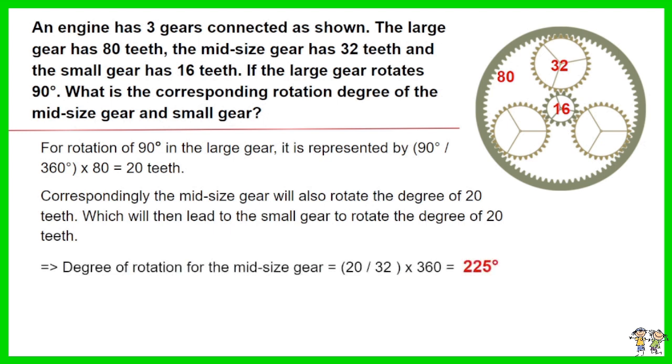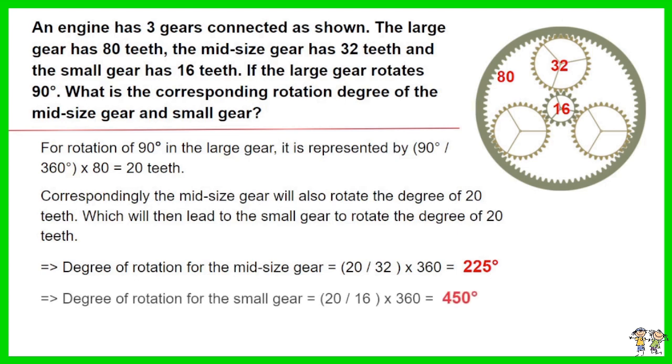Thus the degree of rotation for the mid-size gear equals 20 divided by 32, then times 360 degrees. The answer is 225 degrees. The degree of rotation for the small gear equals 20 divided by 16, then times 360 degrees. The answer is 450 degrees.